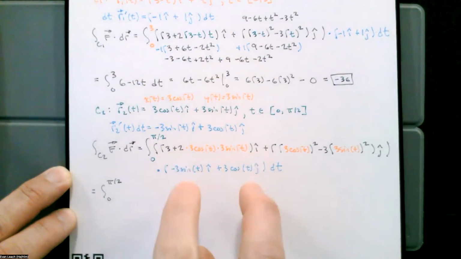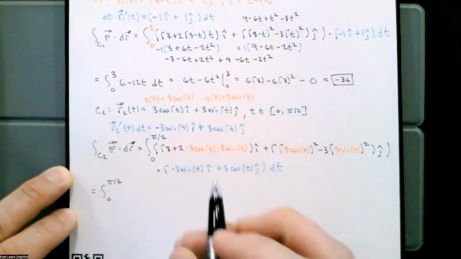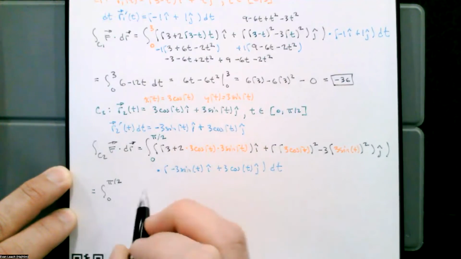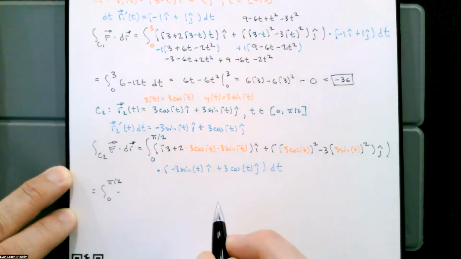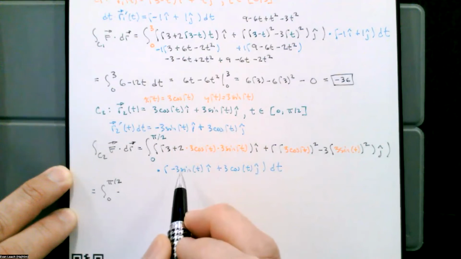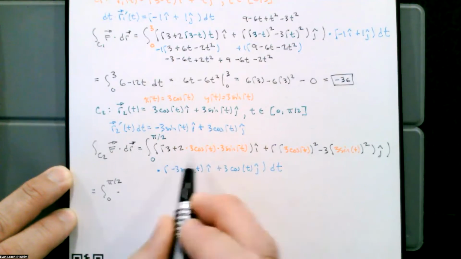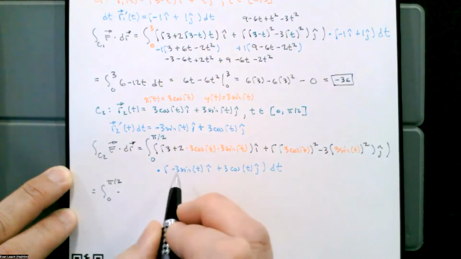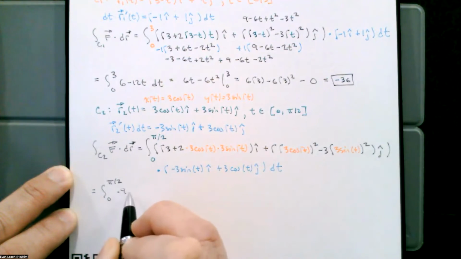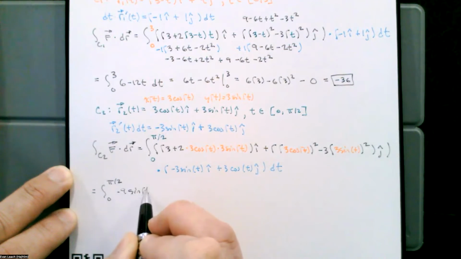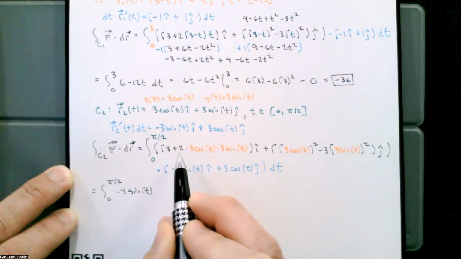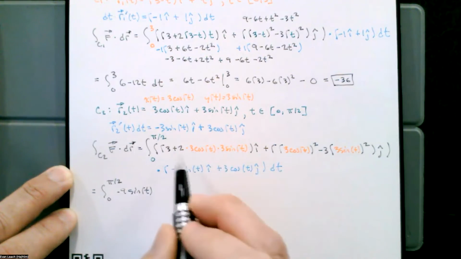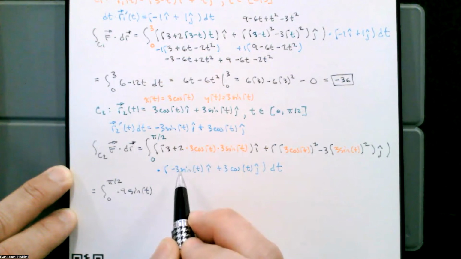Now my product of my i components is going to be negative 9 sine of t. There's only one term here, so I'm distributing the negative 3 sine t to these two terms up here. So don't be nervous. We got negative 9 sine of t, and then negative 3 sine t times 2 times 3 times 3: 6 times 3 is 18, times 3 is 54.